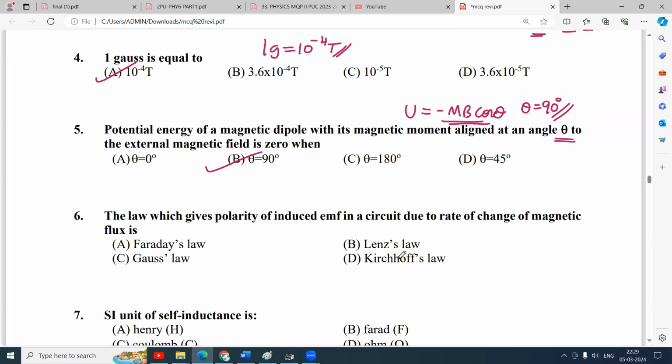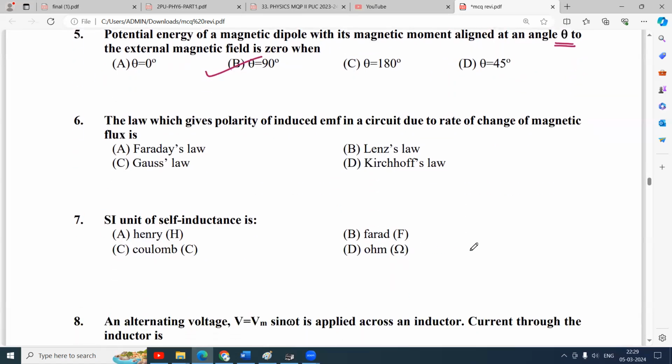The law which gives the polarity of induced EMF in a circuit due to the rate of change of magnetic flux is, and this is a very common problem in most of the question papers. The polarity of induced EMF is given by Lenz's law, and electromagnetic induction principle is given by Faraday's law.